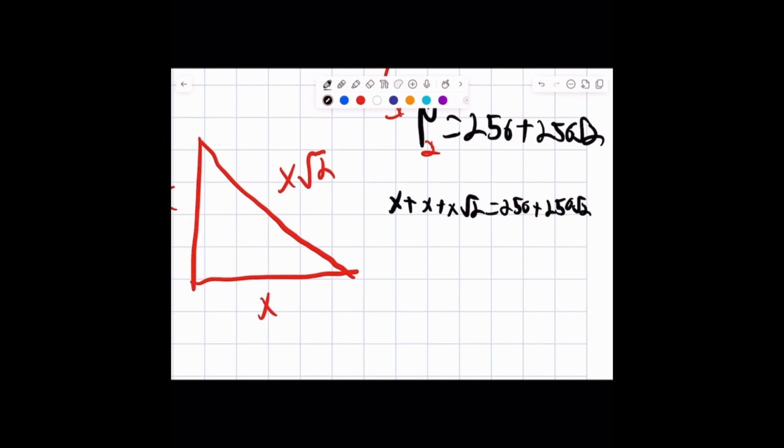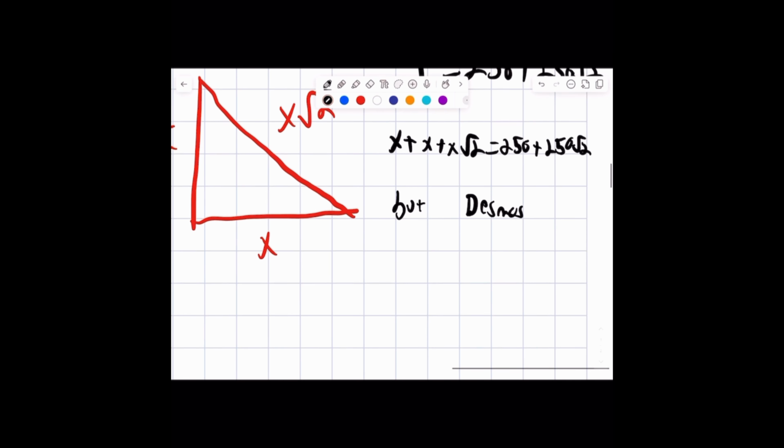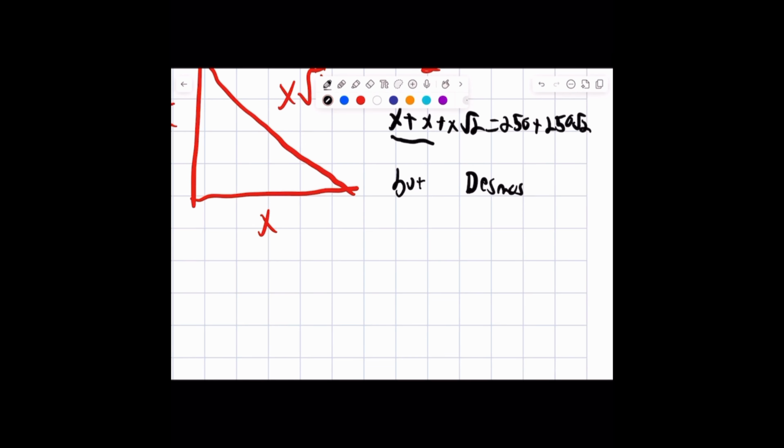Now, this does look like some crazy algebra, but why do the algebra when Desmos can just do it for you? So when you plug this whole equation just like this into Desmos, you can zoom out, and then you get that x is equal to 181.